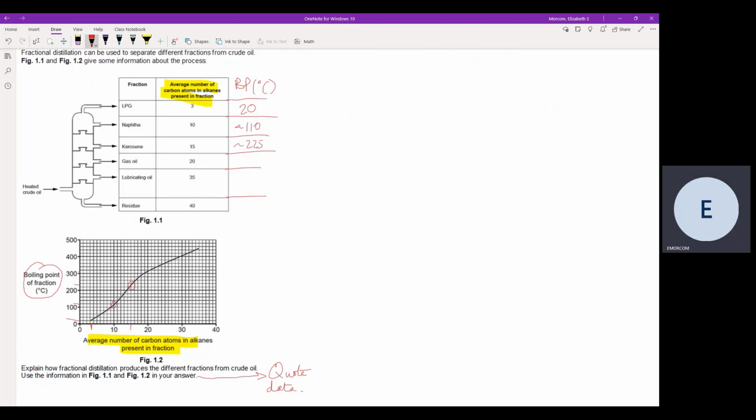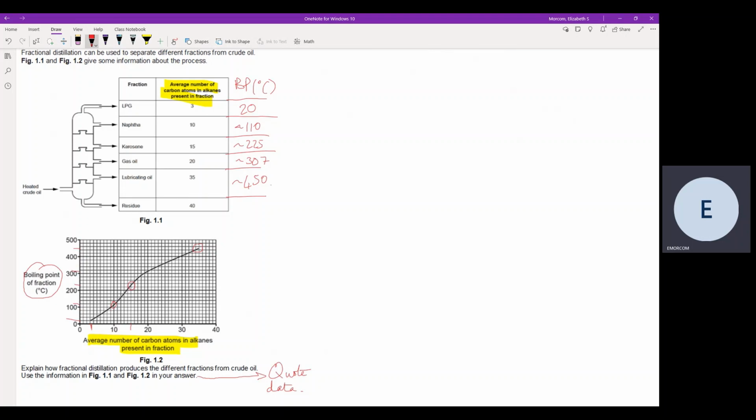And this one for 20 carbon atoms is about 307-ish. Okay, you might be able to read it more easily on your graphs on paper. And for the lubricating oil that's got a 35 average number of carbon atoms, that's about 450.